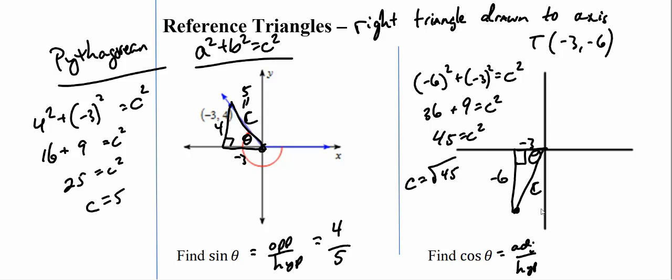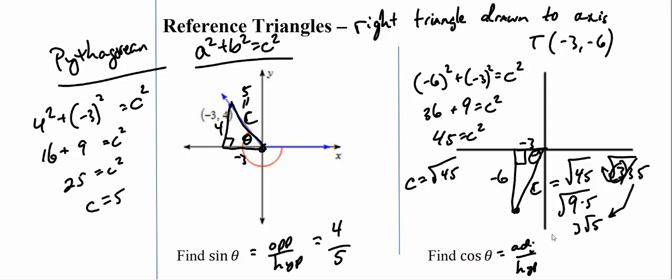Now you might be like, yeah, I'm good, I got my answers. Well, that's not right. Remember, 45 is really 9 times 5. So the square root of that is really 3 square root of 5. Or you can say this is 3 times 3 times 5. Remember, I can circle 1, cross 1, and this pops out. So you still get the same answer.